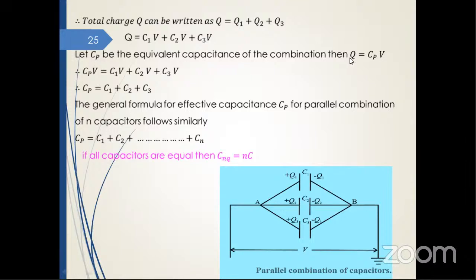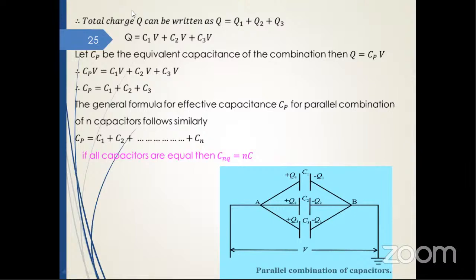For the equivalent parallel capacitance CP, Q is equal to CPV. We know the basic equation for capacitance, Q divided by V equals C.